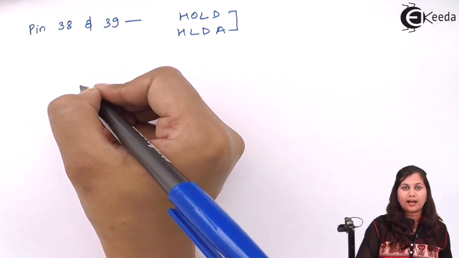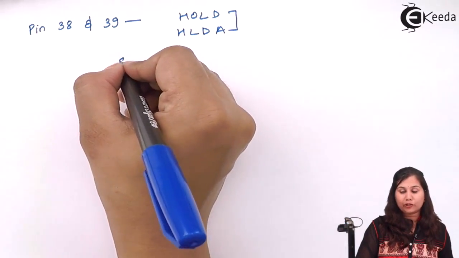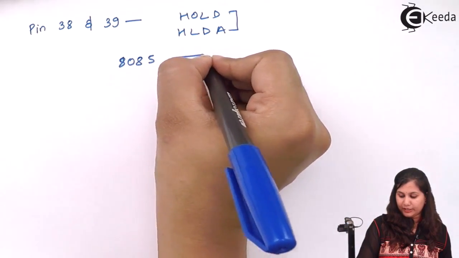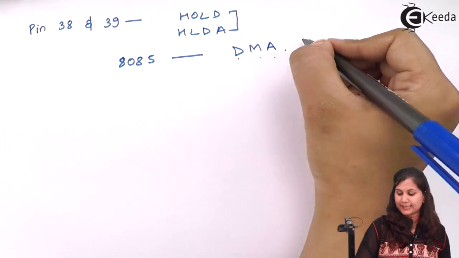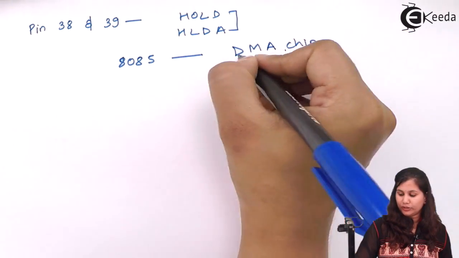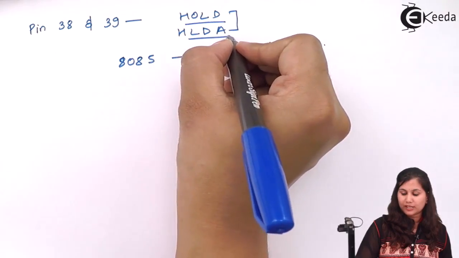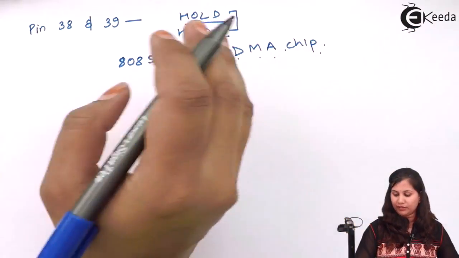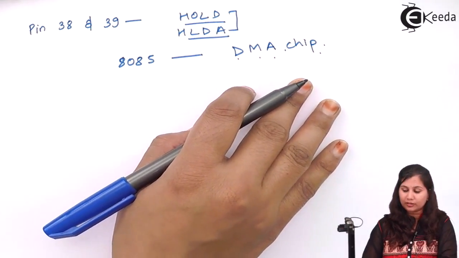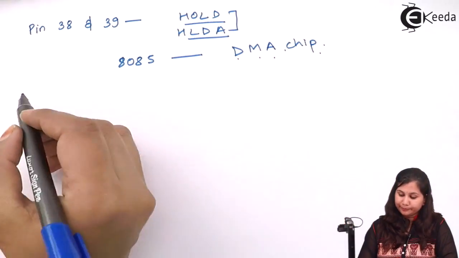These two signals are used when the microprocessor 8085 is connected to DMA, direct memory access. When it is connected to a DMA chip, then these two signals are used. This we are going to study in detail when we study the DMA operation in 8085.